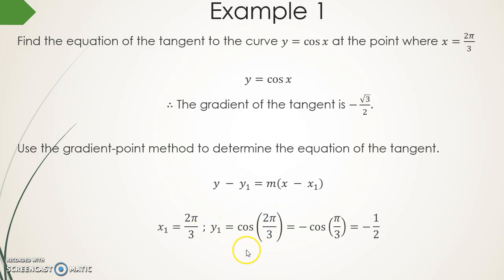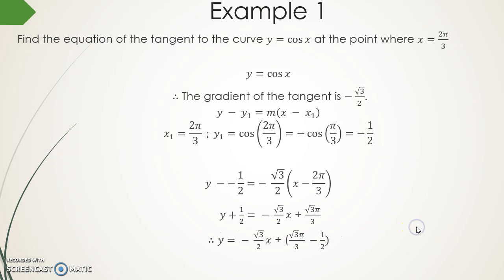Now we'll go back to our original graph here, the y equals cos x. So cos 2 pi over 3, again using the CAST diagram, because it's in that second quadrant, only sine is positive, so the cos becomes negative cos pi over 3, which is negative a half. So we have a point, we've got the gradient is negative root 3 over 2, and on the original graph y equals cos x, when x equals 2 pi over 3, y equals negative a half.